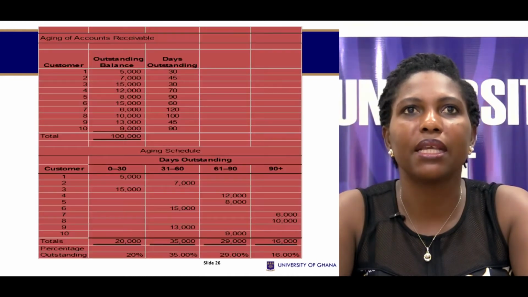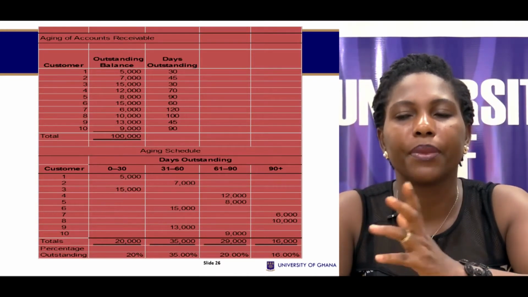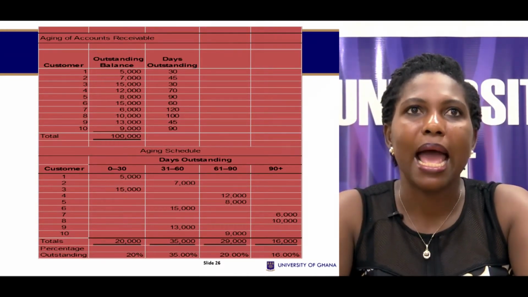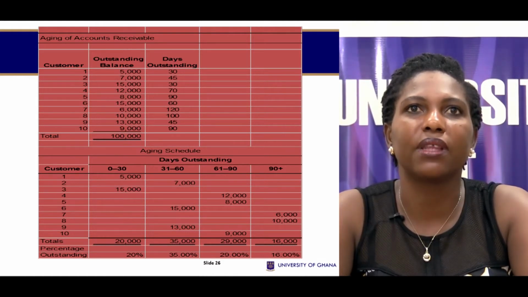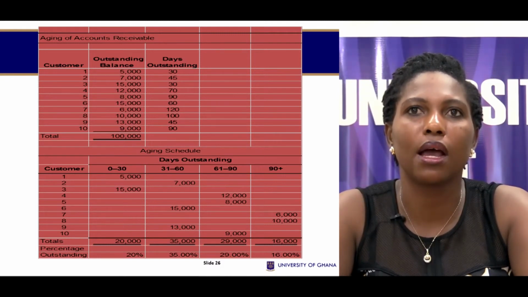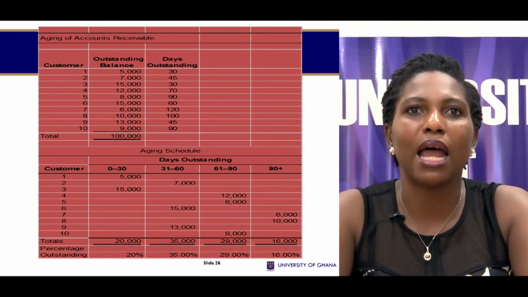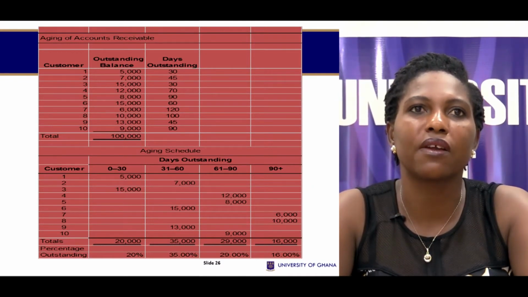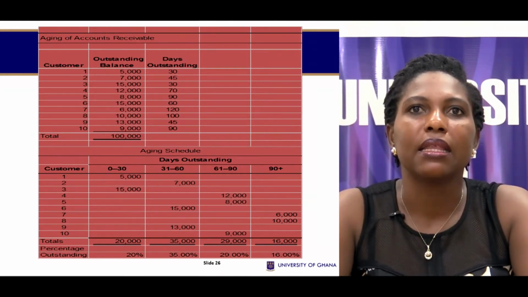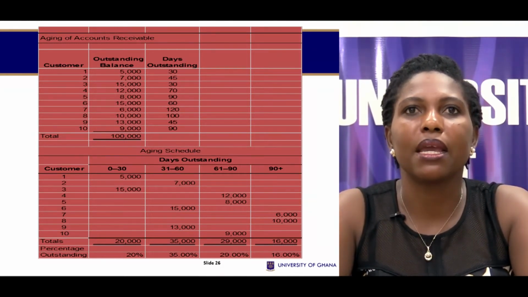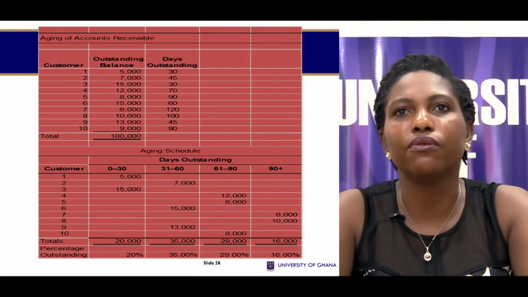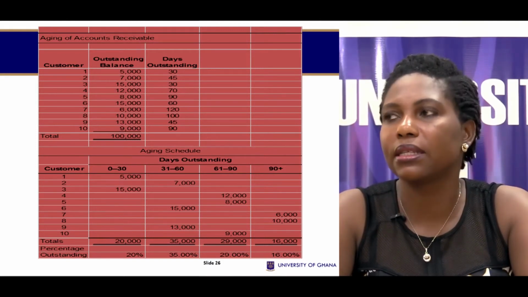Now, this usually means that you draw up a template to look at how long some of the credit facilities have been outstanding, and the ones that have been outstanding for much longer will be focused upon for collection. And then based on how long proportions of the accounts receivable have been outstanding, the firm can make the relevant policy moves to be able to arrest the situation.